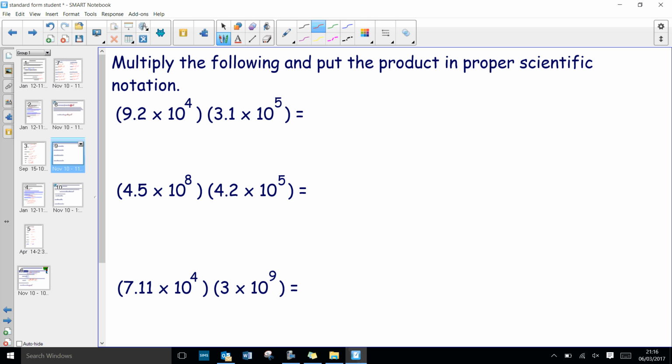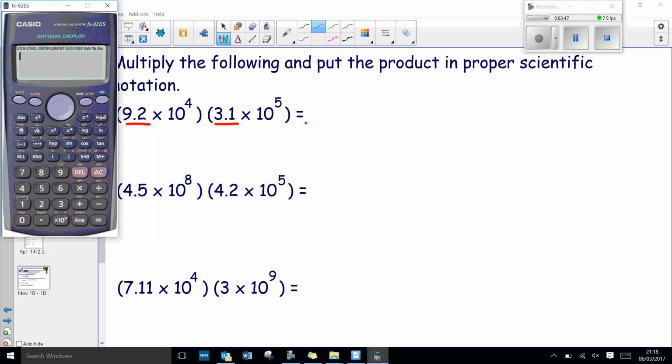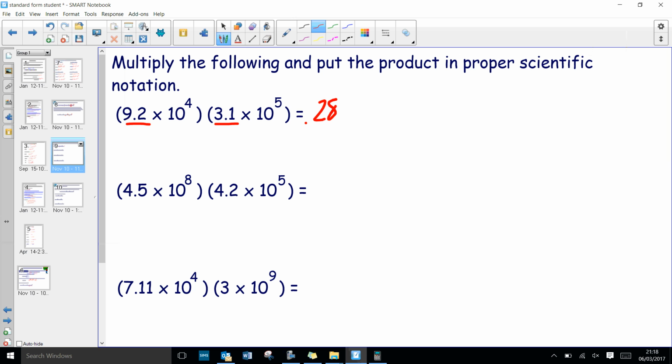So, we would first of all calculate 9.2 multiplied by 3.1. Okay, so we can do that on the calculator. So 9.2 multiplied by 3.1 gives 28.52. And what do we do with our powers?